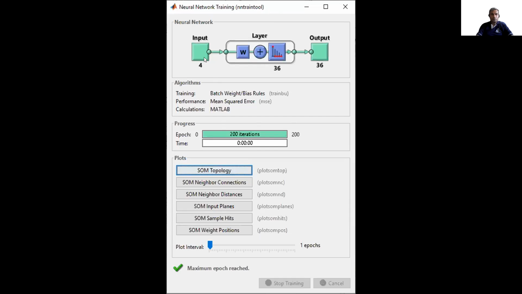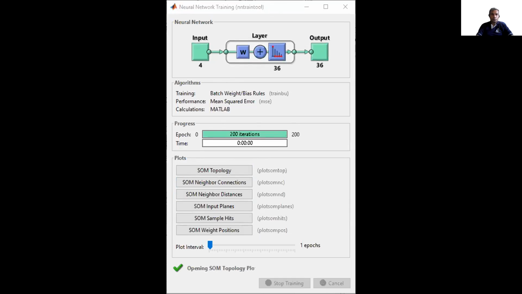You have the network structure, the design here, the input of 4 dimensions. We have 36 elements, 6 by 6, and the output is 36 because it's like a 6 by 6 grid, and 200 epochs.